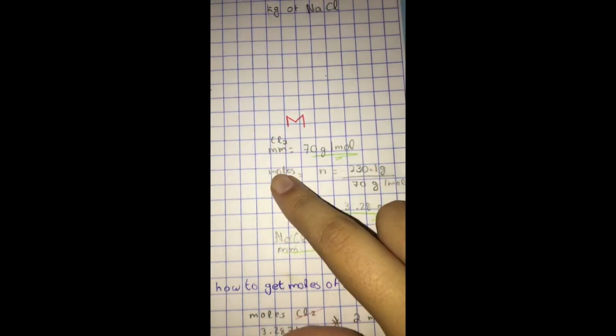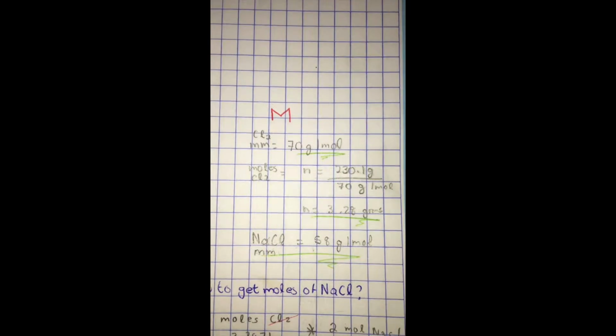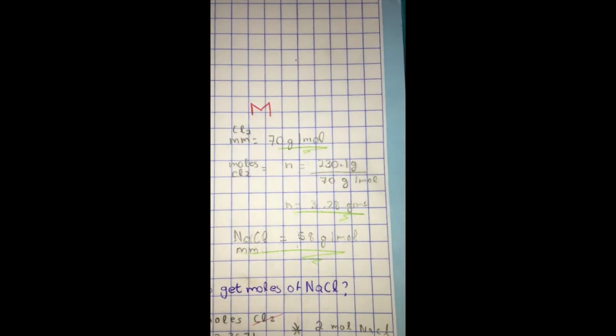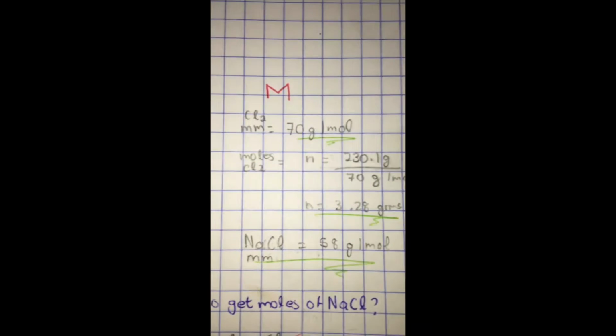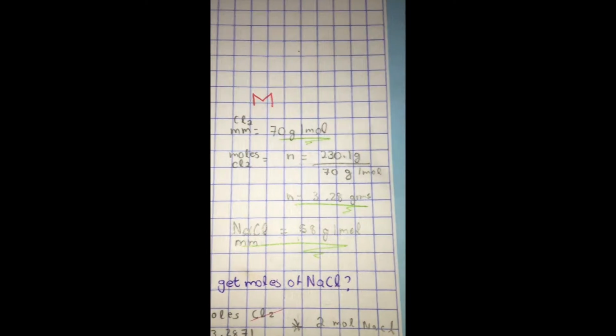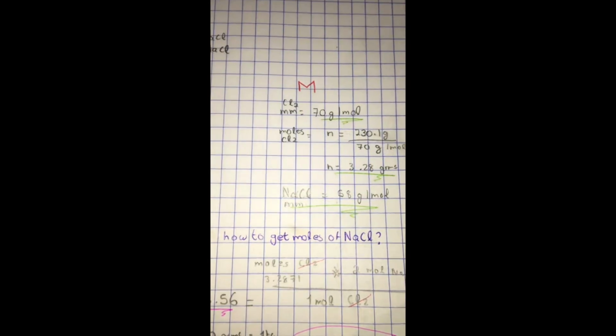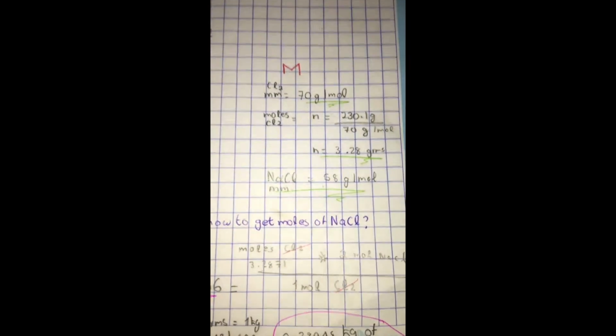So in the math we have the molar mass of chlorine, which is 70 grams per mole, and we get the moles of chlorine, which is 3.28. Then we get the molar mass of NaCl, which is 58 grams per mole, and then we have to get the moles of NaCl.